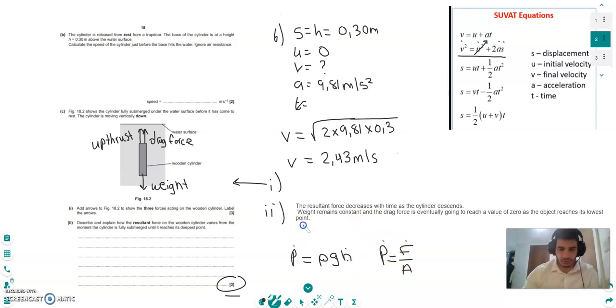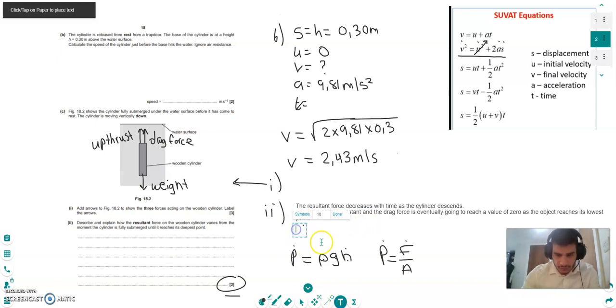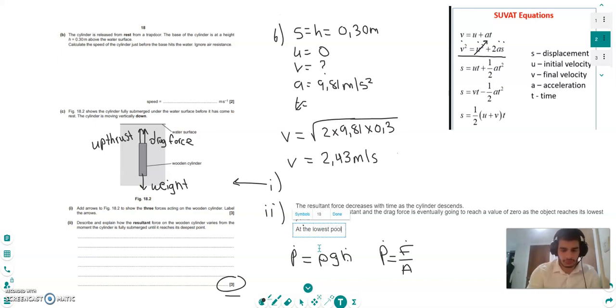Okay, so the last point would be: at the lowest point, the resultant force is upwards.